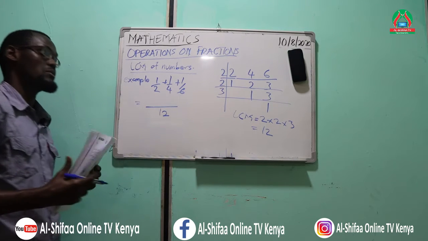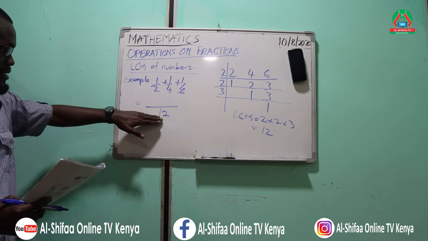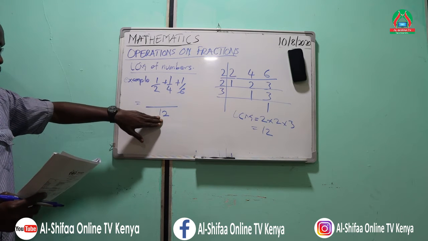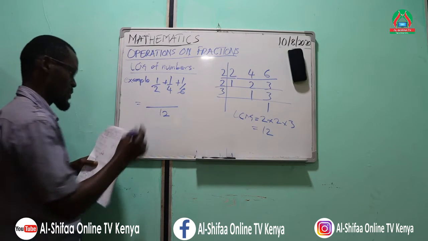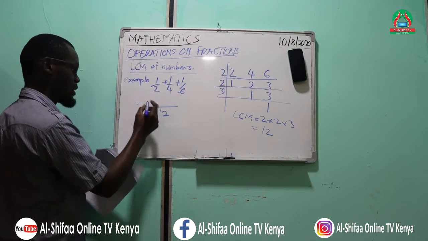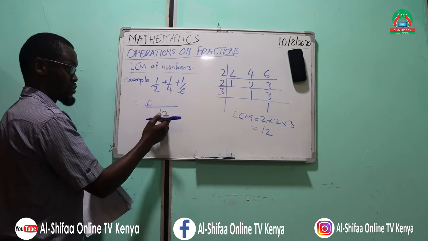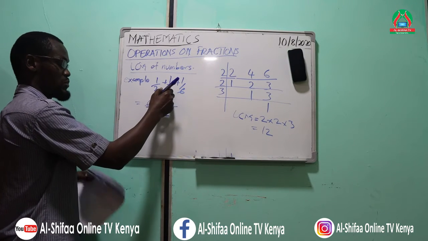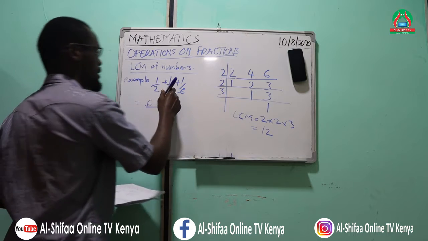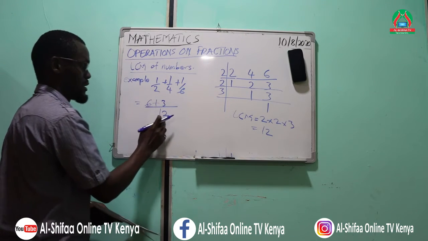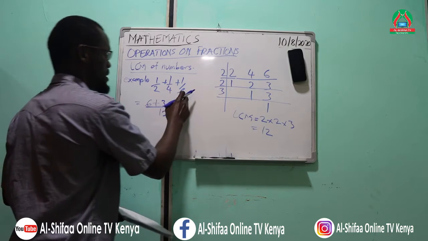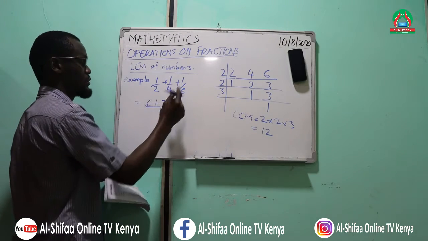Then we divide 12 by 2, we get 6. So 6 multiplied by 1, you get 6. 12 divided by 4, you get 3. Multiplied by 1, you get 3. 12 divided by 6, you get 2.